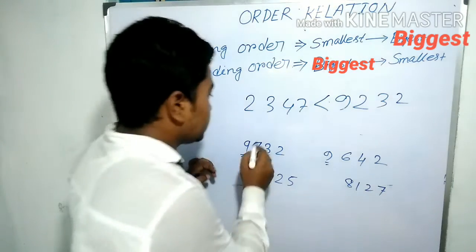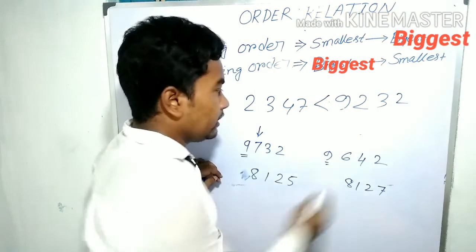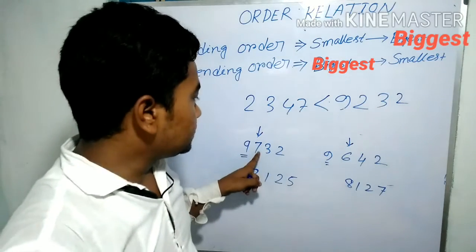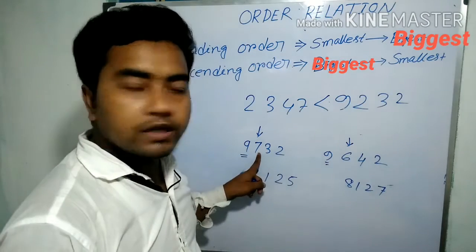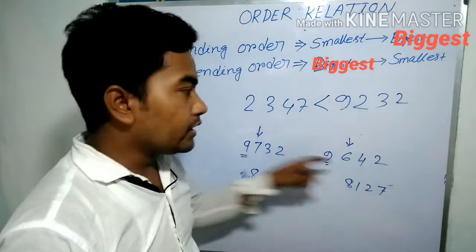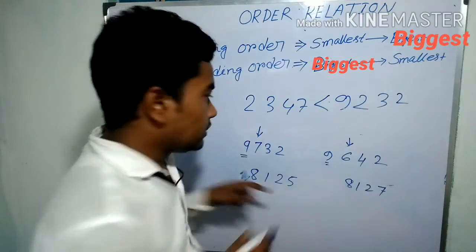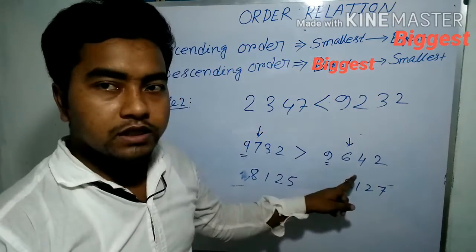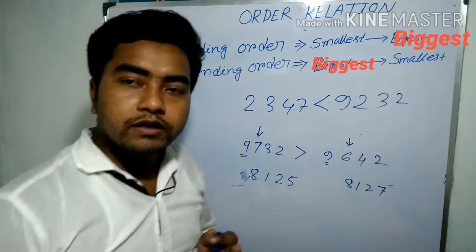The second digit here is 7 and here it is 6. As the second digit 7 is greater, this number will be greater than this number. The first number is greater than the second number.